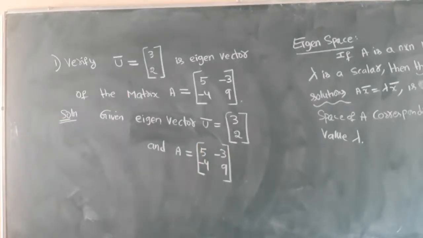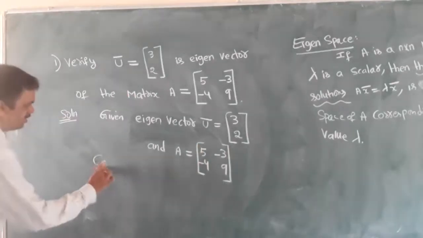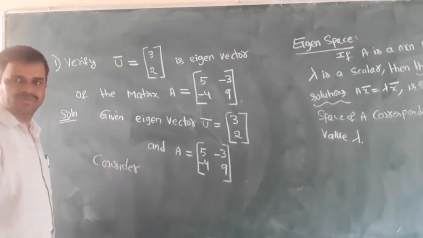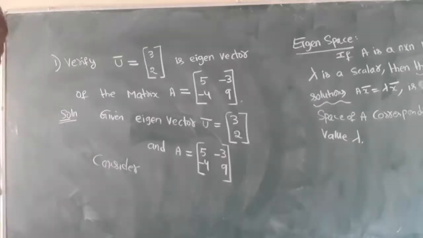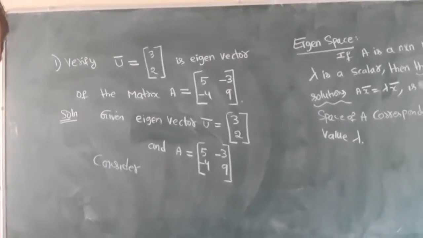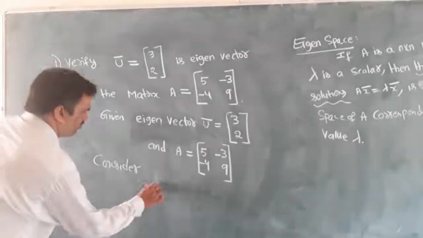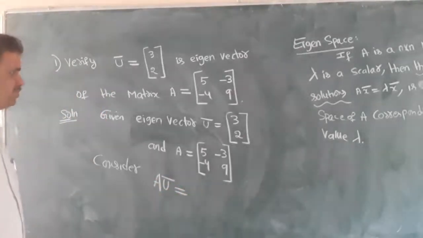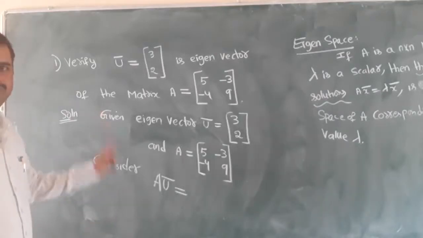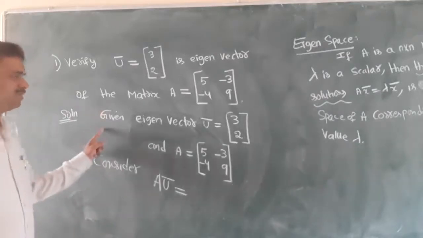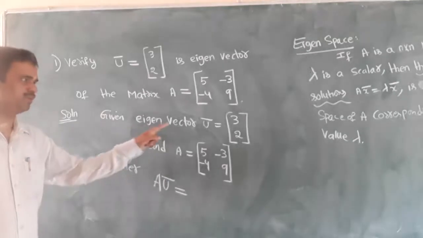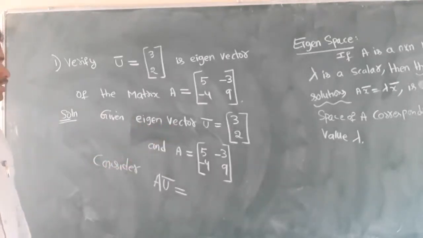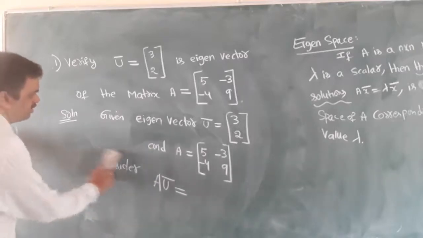Now we consider A u bar. First copy this one. Given u bar equal to (3, 2) and A equal to [5 -3; -4 9]. Consider A u bar.